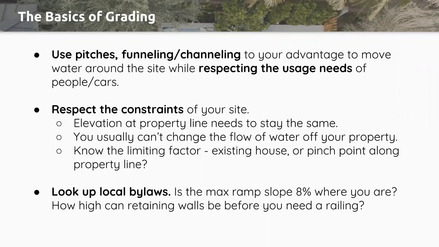You also can't change the flow of water off your property. So if water doesn't flow off in a certain area, you can't grade up and have the water flow off that way after you're done. If water already flows off in one direction, great, take advantage of that. So the pinch points we're going to talk about, and like I did mention, look up your local bylaws.